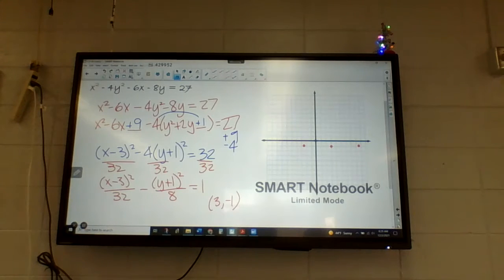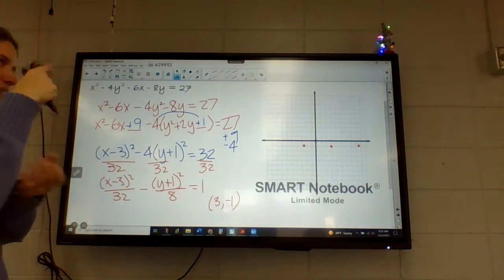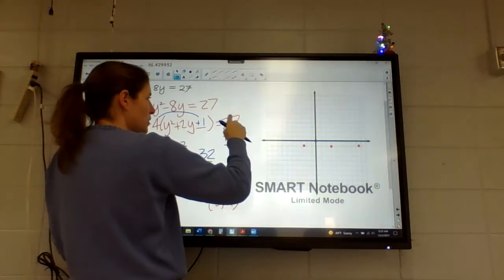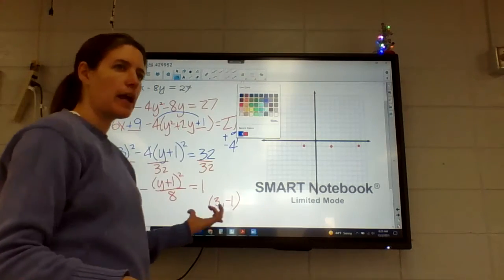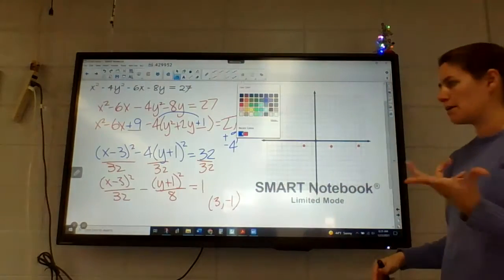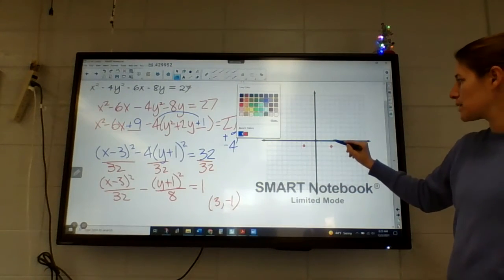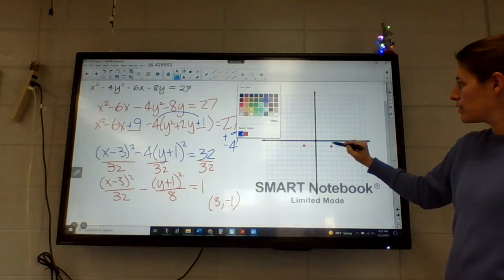Now, I like to draw that rectangle with hyperbolas. It just makes a little more sense to me. I would go up and down the square root of 8, which is about 2 point something, almost 2 point, like a high, yeah, almost.